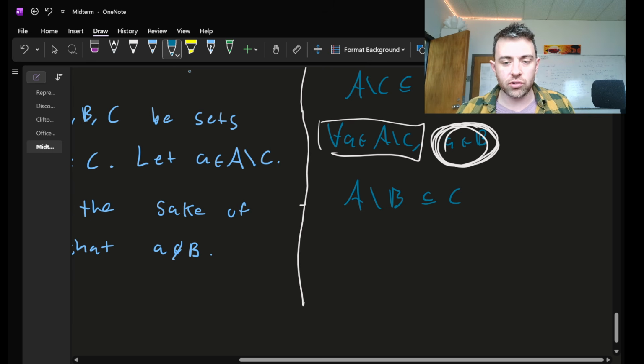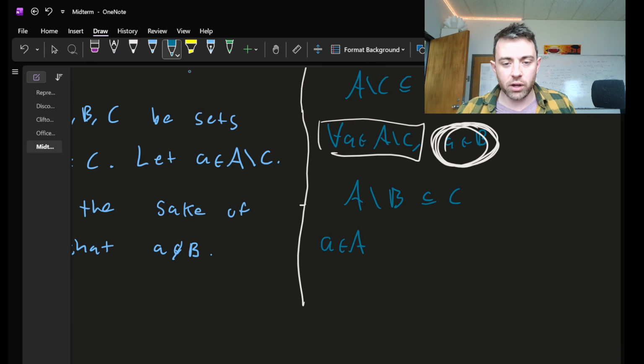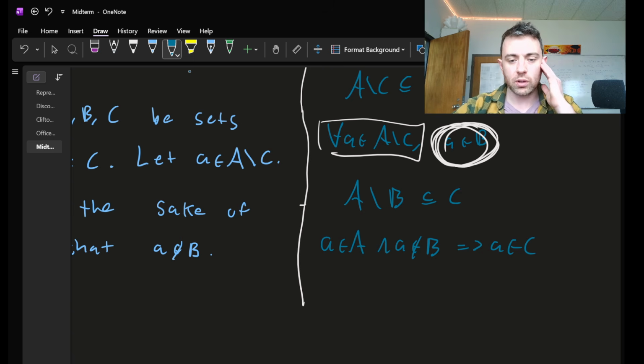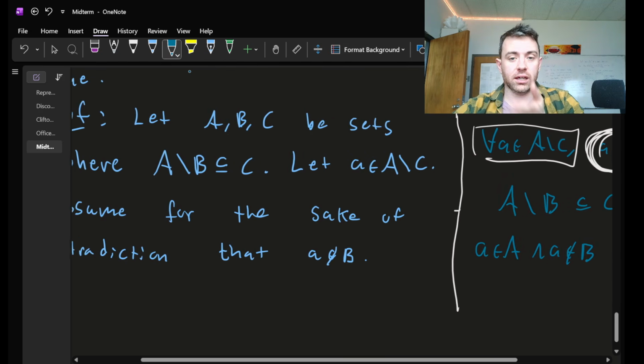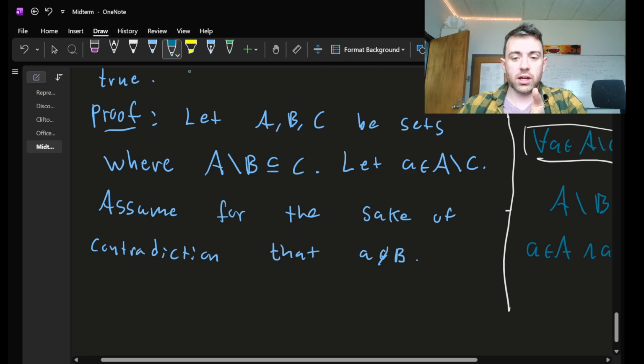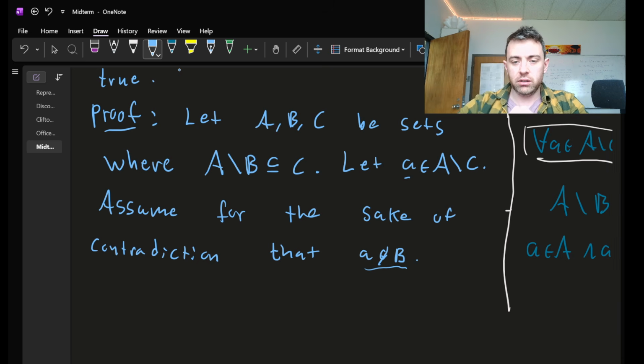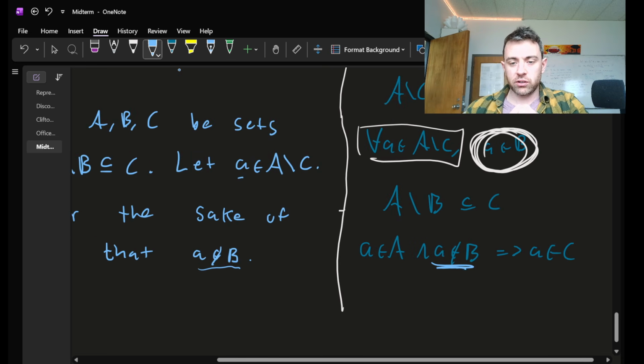That means that if I had some element that was in A and was not in B, then that would force that element to be in C. Okay. So I have one element that I'm hanging on to here, right? That's my a. Let a be in A minus C. Assume for the sake of contradiction, a is not in B. Oh, a is not in B. That has something to do with this.